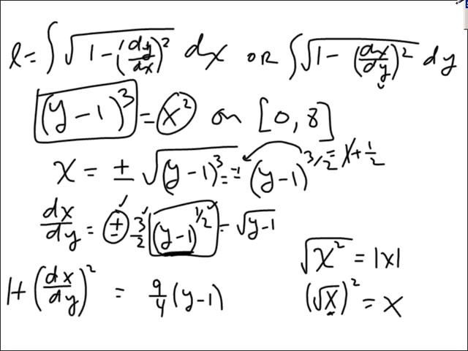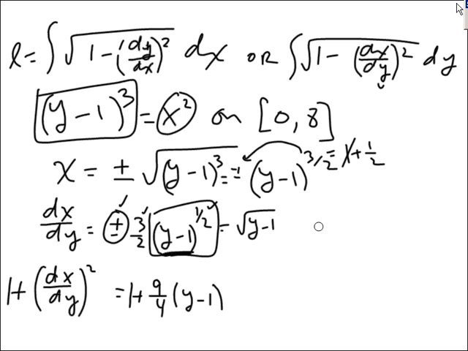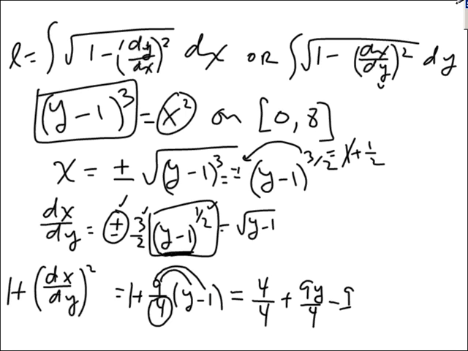Now, I want 1 plus the derivative squared. 1 plus. Now, think of the 1 that I just wrote on the right-hand side as 4 over 4. It's not always 4 over 4, but we keep ending up with problems with 4. It's 4 over 4 plus 9y over 4 minus 9 over 4.